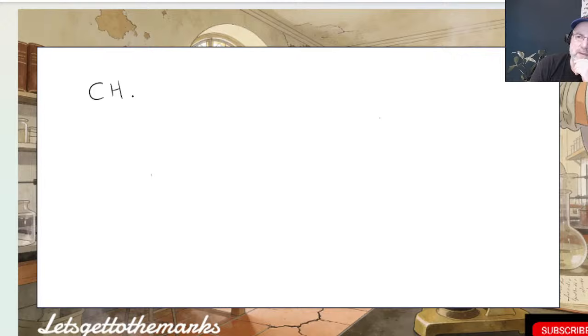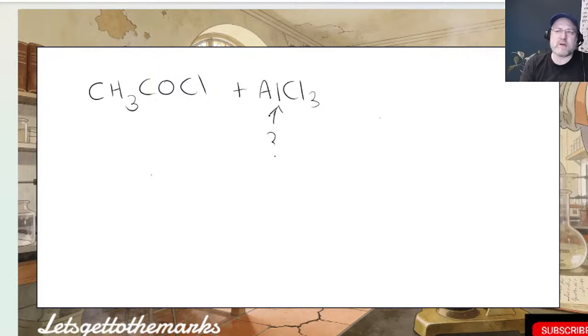So something like that. What is my product going to be? And what is this called? This is to make a strong electrophile. What is this called? This is ethanoyl chloride. Those are known as acyl chlorides.